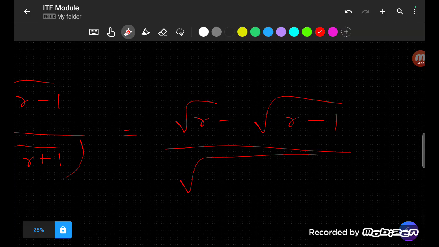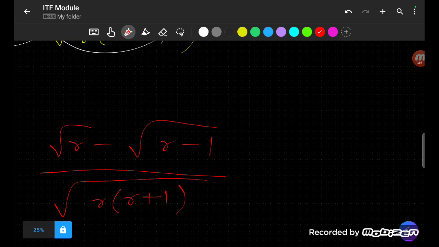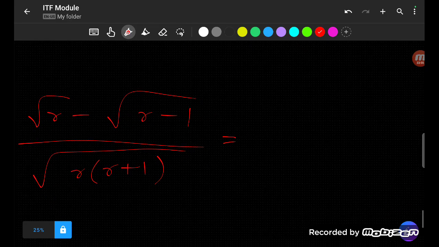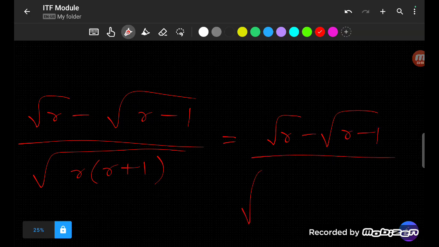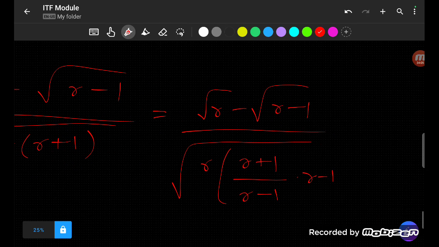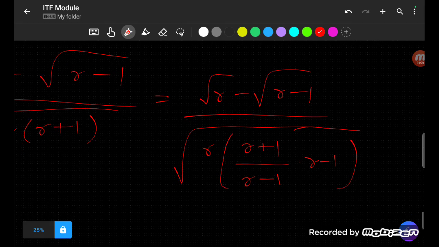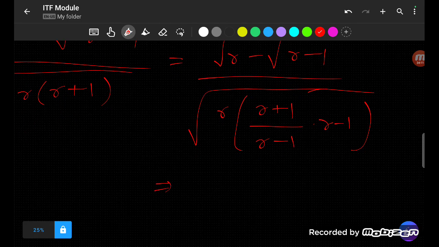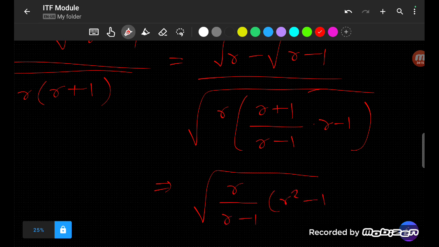So how do you make this? So this is fine, so it's about this. So you have root r minus 1 upon under root r into r plus 1, and if you just multiply and divide this by r minus 1, yeah, I'm rationalizing this. So this will become under root r by r minus 1 square minus 1.